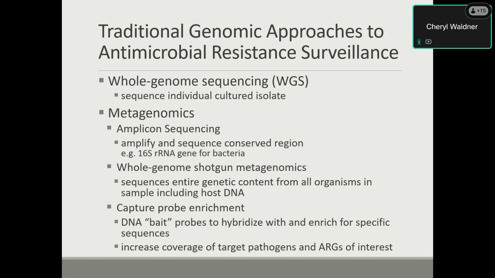I do a fair bit of work with Public Health Agency of Canada, and their go-to on a lot of their AMR stuff to date has been whole genome sequencing. And that gives you a really detailed, really fine-grained lens look at the DNA within individual sequenced isolates. So we can have a really good look at what the mechanisms are of antimicrobial resistance in those individual isolates.